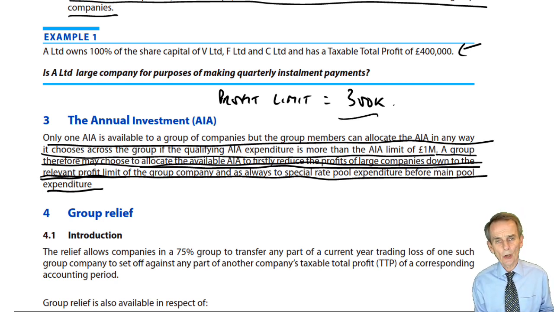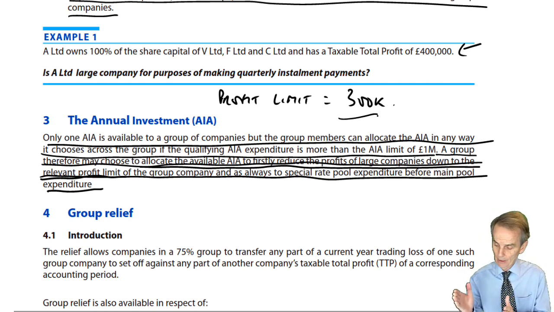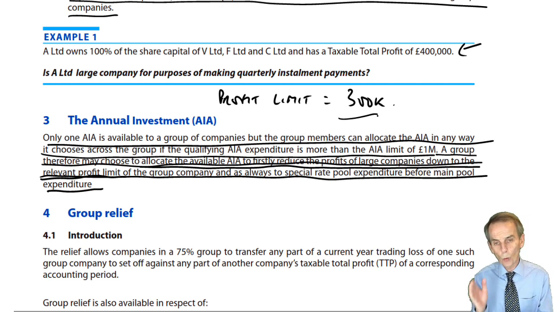If it has £200,000 plus of qualifying AIA expenditure, then if you allocate the AIA to this company, that will bring its profit figure down from 500 to 300. Therefore, what would have been large is no longer large.